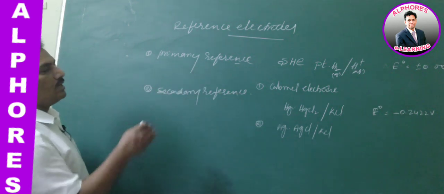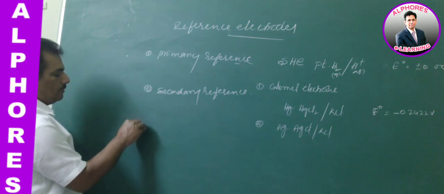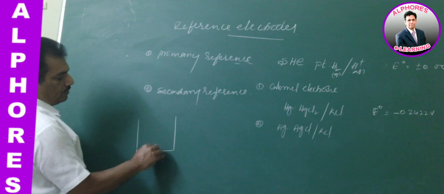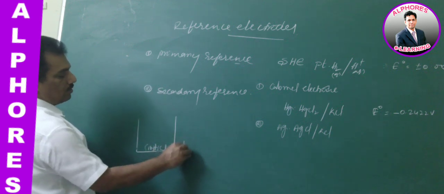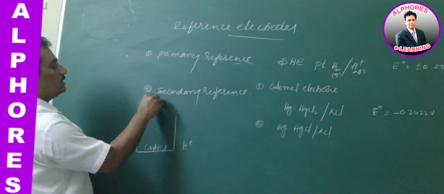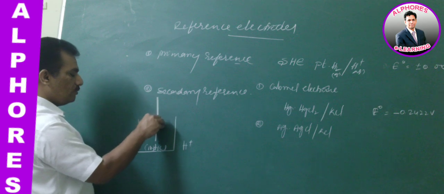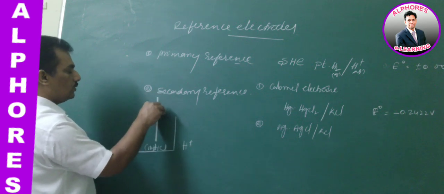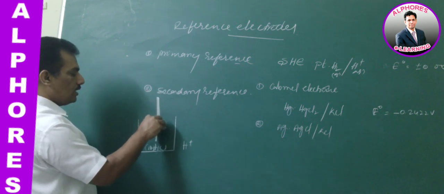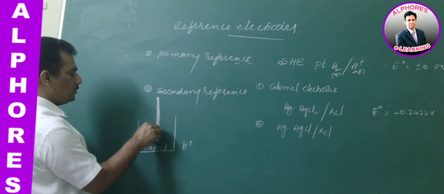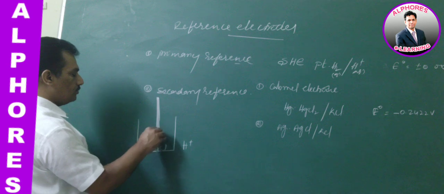First, the primary hydrogen electrode. Here HCl solution is taken, 1 molar HCl solution where H plus ions are present. Into this goes a platinum rod, platinum or gold. Platinum we know is an inert metal, thereby the platinum rod. It has a glass hood at the bottom.